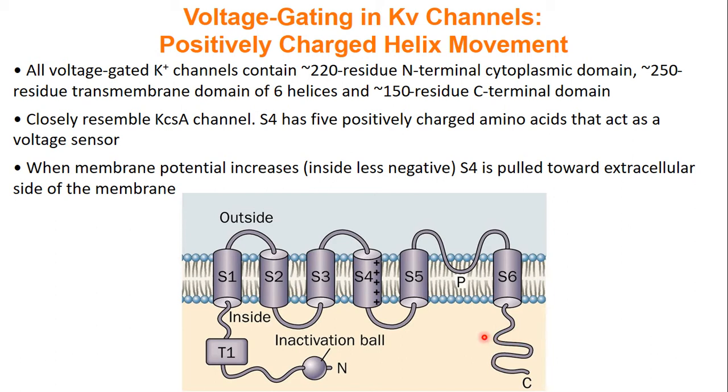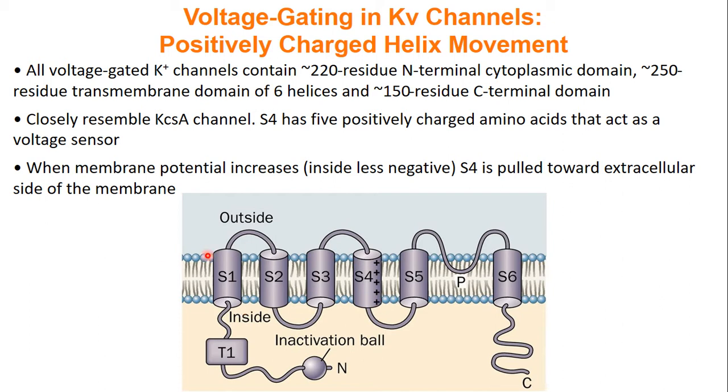So this very much looks like the potassium channel we were looking at in the last slide. Now the way that this voltage-gated channel works is that on the 4th transmembrane helix, you have 5 positive amino acids that are highly conserved. This is your voltage sensor.